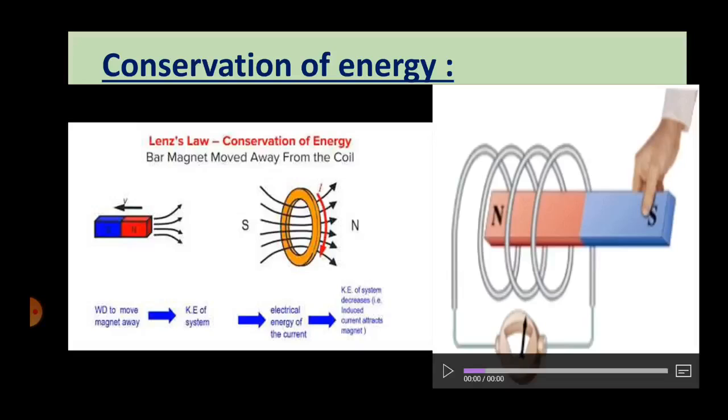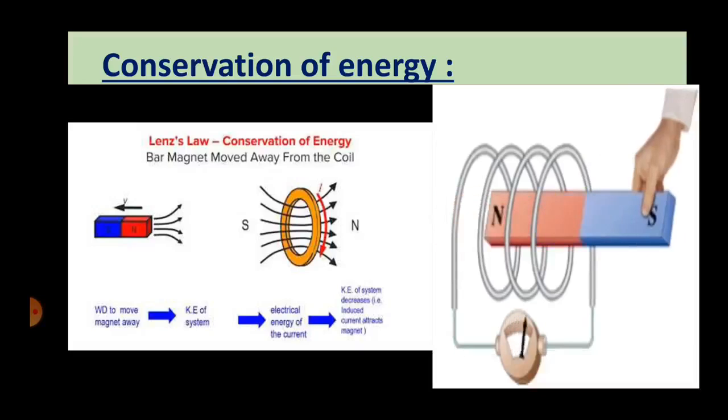Now, if the magnet is pushed a little toward the coil, the induced current would help the movement of the magnet toward the coil. So it would start moving toward the coil without any expenditure of energy. That would violate the conservation of energy.